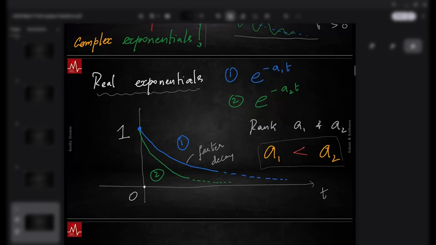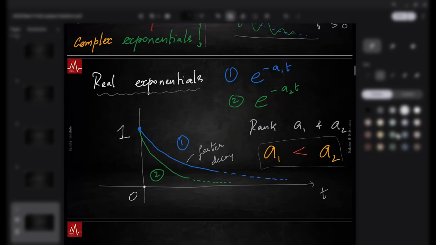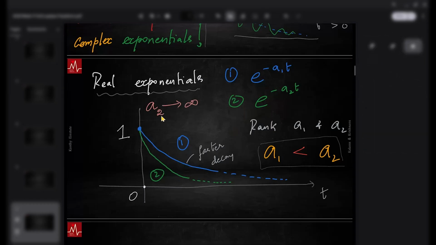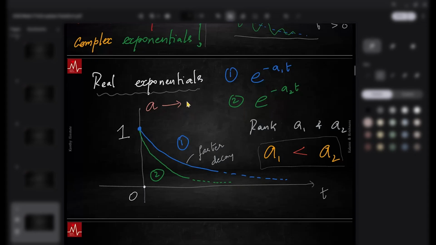Great. Fairly simple question. So now, if I keep on increasing A2, what happens as A2 tends to infinity? What curve will I get? Okay, decaying faster, that is not that important. This coefficient goes to 0. Slower and slower decay.